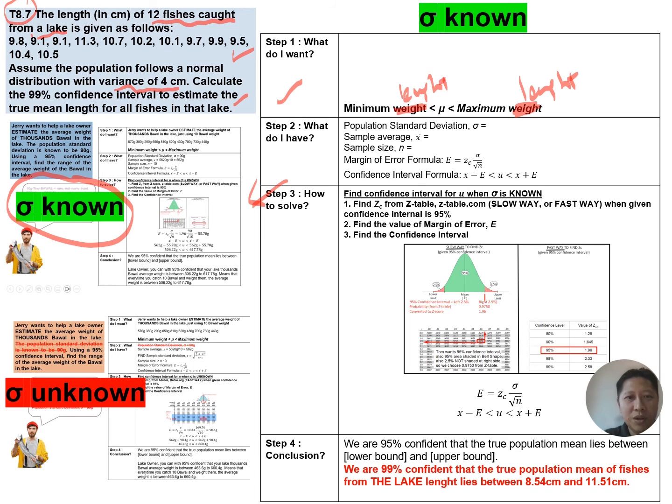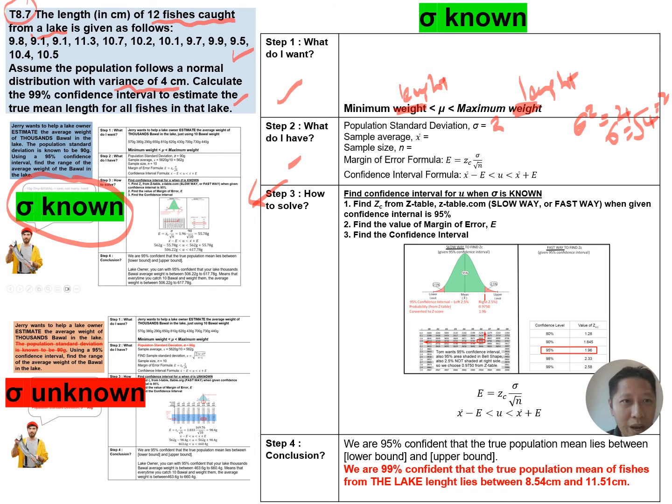Step number 2, what do we have? Do we have the population standard deviation? Yes, indirectly, because we are given the variance equals 4 cm. So the standard deviation equals square root of 4, equals 2. Means that we have the population standard deviation equals 2.